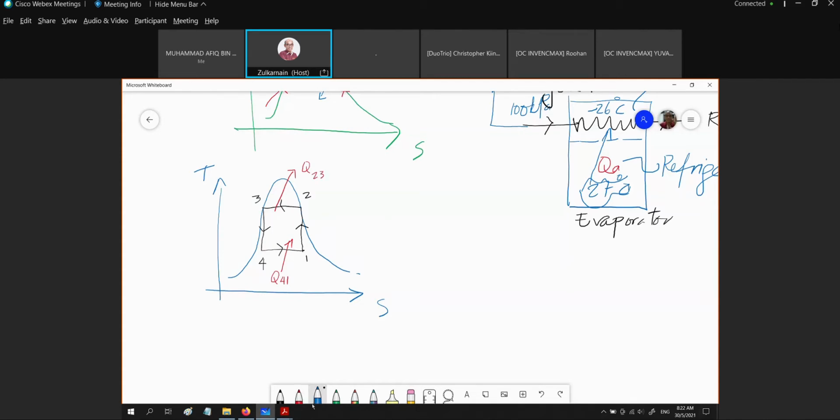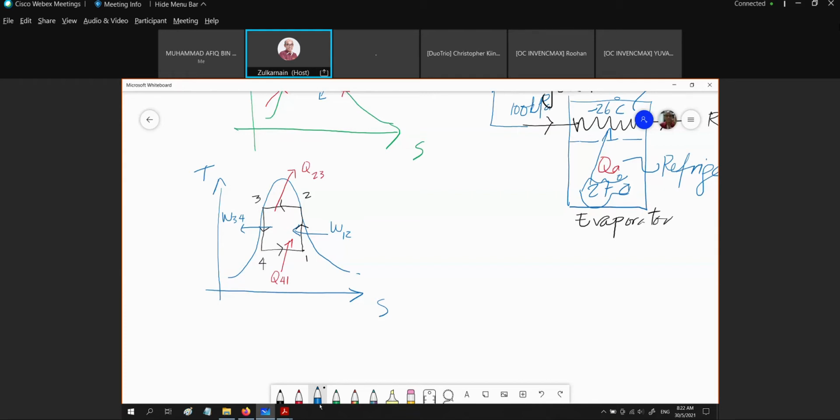Here we are going to put in work, W12. Here we are going to produce some work, which is called W34. So this is the cycle sketched on the TS diagram, which is called the reverse Carnot cycle.